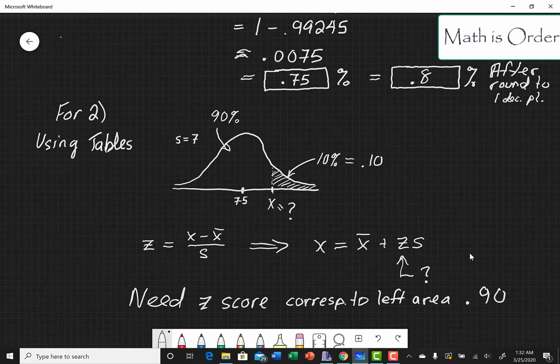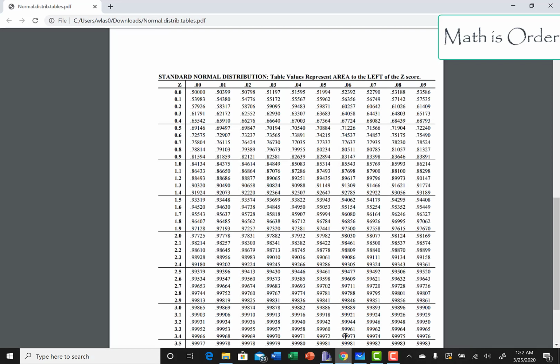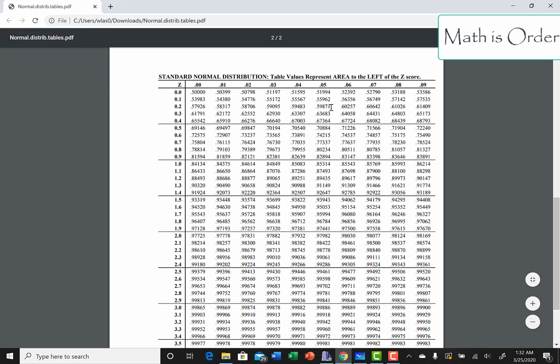All right, so then we're going to go to our tables and see where we can find 0.9. Here we're not looking at the z-score yet, we're looking at the area. So the area is in here, all of this stuff in here. So we're looking for the closest number to 0.9.